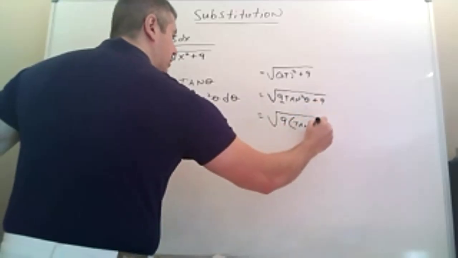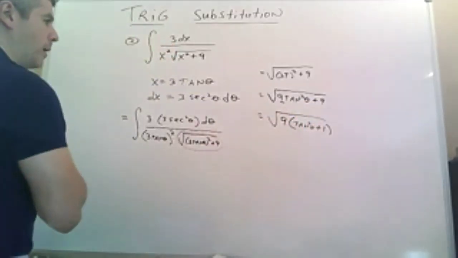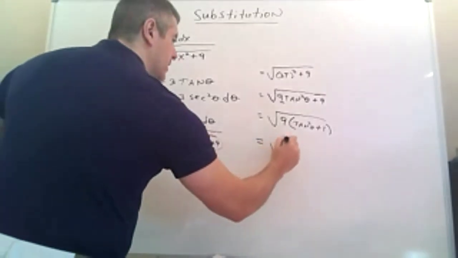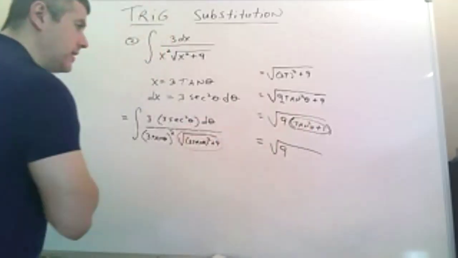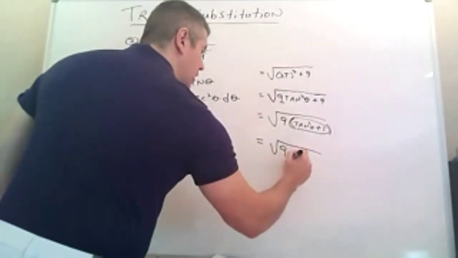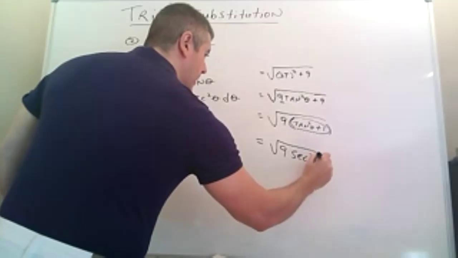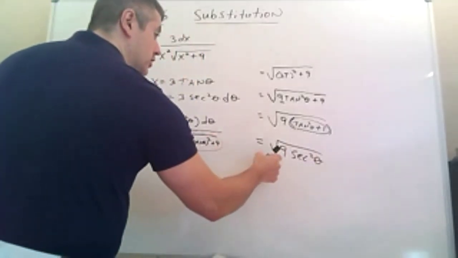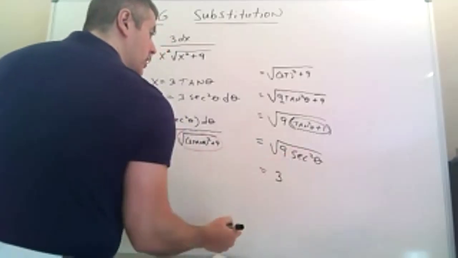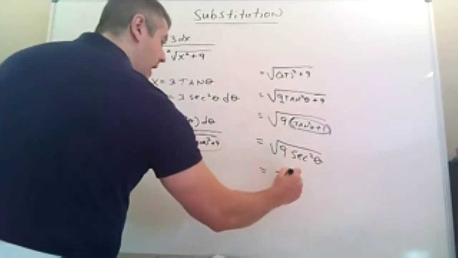This 9 goes away, you get plus 1. So now you replace what tan squared plus 1 is, which is secant squared. Remember, theta, not x. Now take square roots. Square root of 9 is 3. Square root of secant squared is secant.